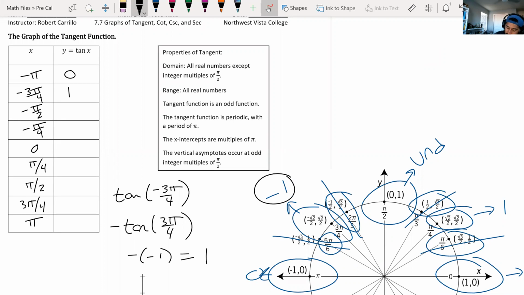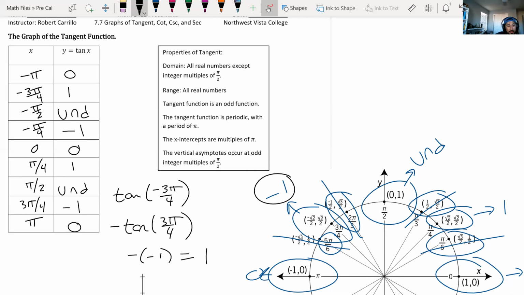So that means you'll get 1, undefined, -1, 0, 1, undefined, -1, and 0. These are the parent function coordinates we will choose for tangent only because they graph nicely.